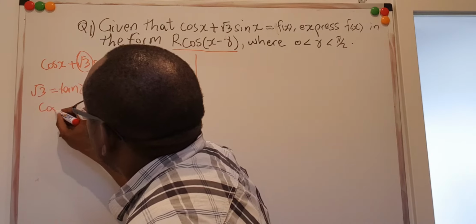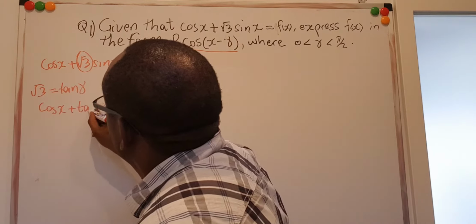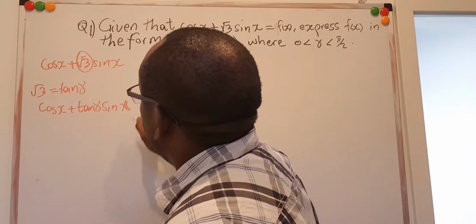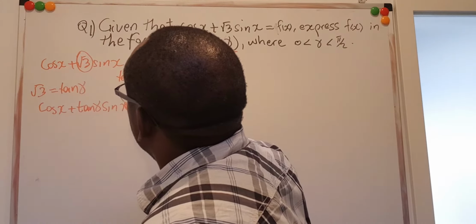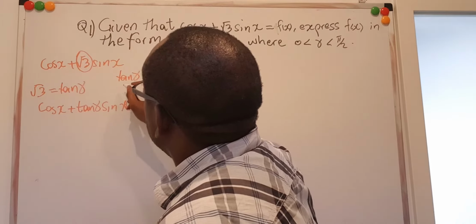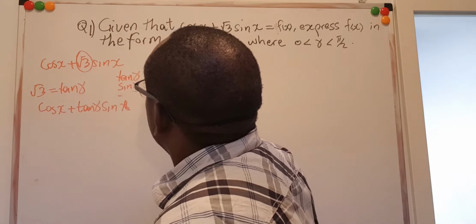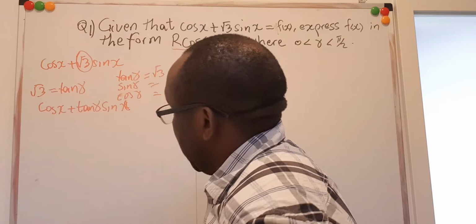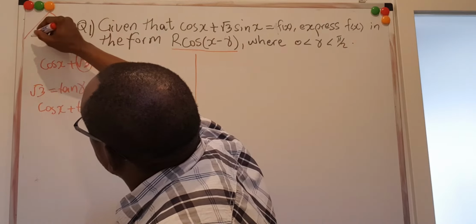That means I would say cos x plus tangent gamma sine x. If the tangent of gamma is equal to root 3, then I can also look for the sine and the cosine of gamma. Remember, in secondary school, we had something like that.